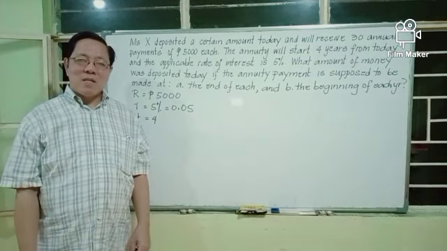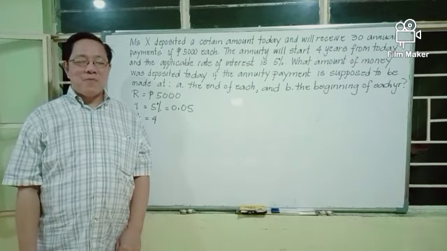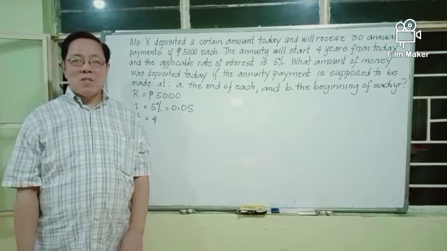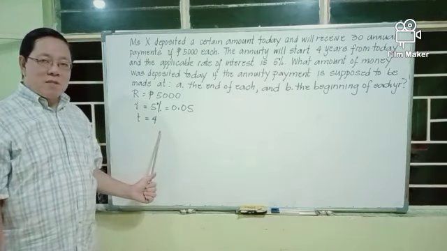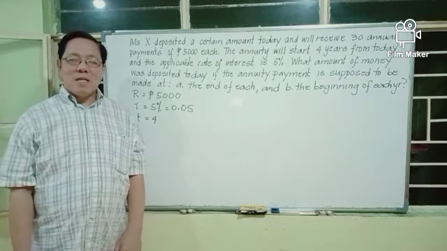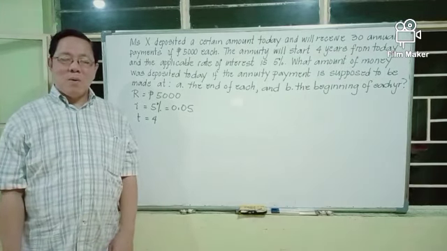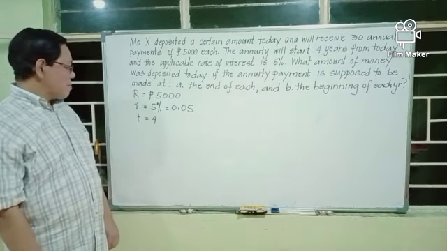Now, Miss X will not receive payments for 4 years. Hence, the number of deferred payments, or the number of periods that Miss X will not receive payment, is 4 years. T is the number of deferred payments, which is 4, because Miss X will not receive any payments for 4 years.